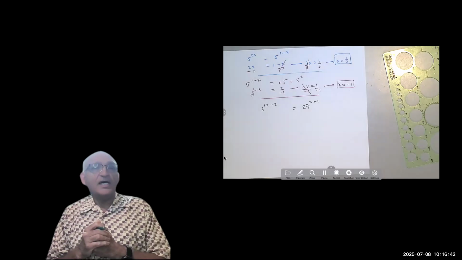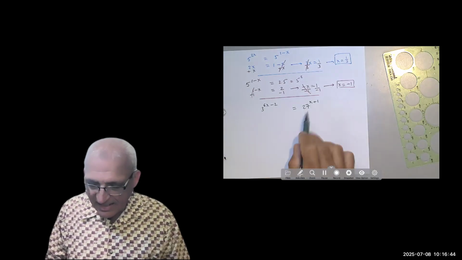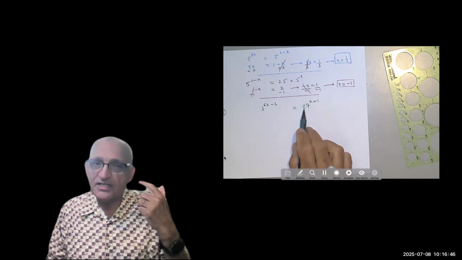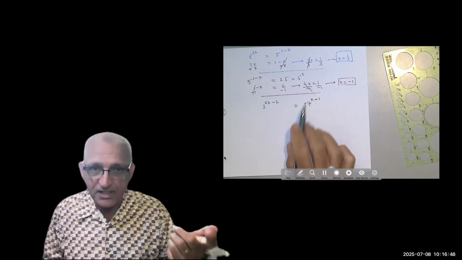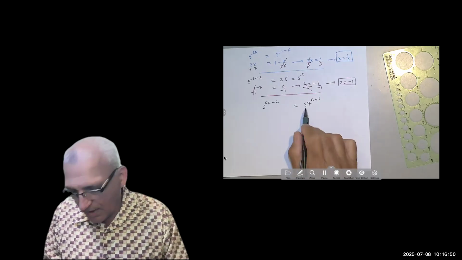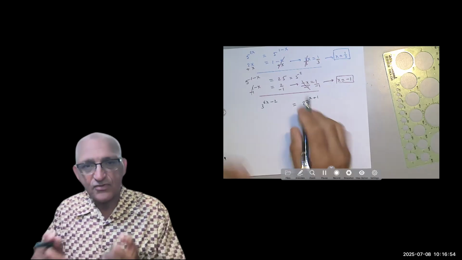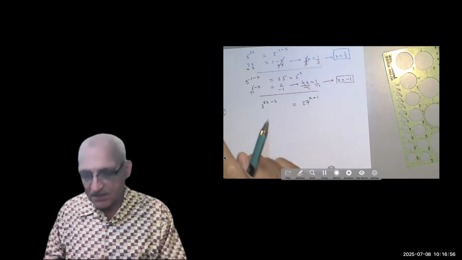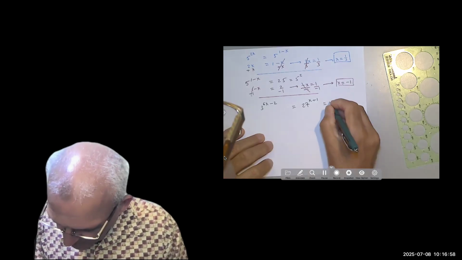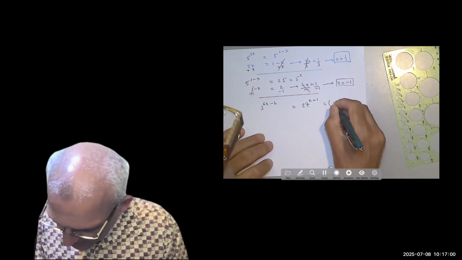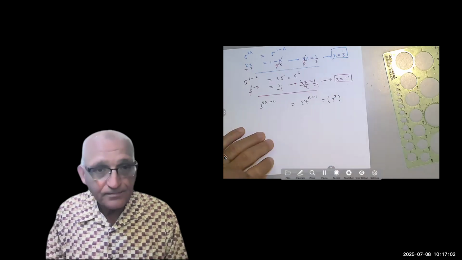Okay, so now I can see that, since I have a 27, you have to think in terms of 3, right? 3 times 3 is 9, times 3 is 27. So I can write the 27 as 3 cubed.